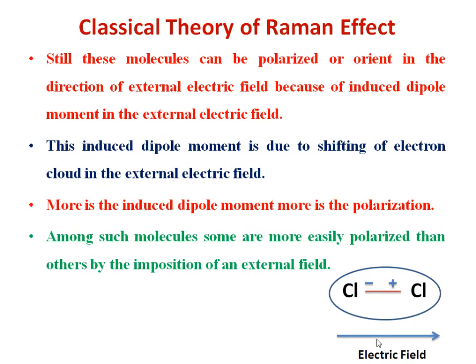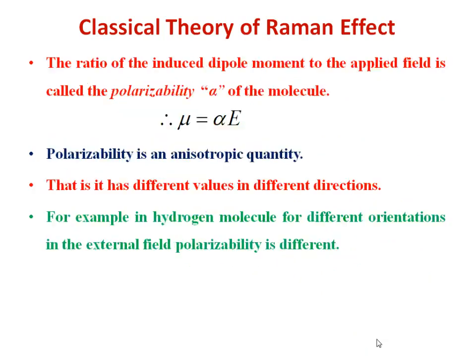The figure shows the induced dipole moment of a chlorine molecule in the external electric field. The ratio of the induced dipole moment to the applied field is called the polarizability of the molecule. It is denoted by the symbol alpha. Therefore, the electric dipole moment is equal to alpha times E, that is, the external electric field.